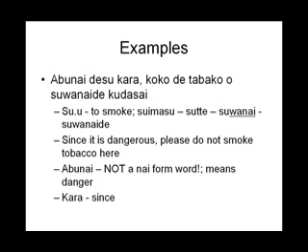Abunai is used here to refer to such a hazard. However, nowadays, in many countries, smoking in public is prohibited due to the perceived health hazard from passive smoking. Suwanaide kudasai is still a request and not a prohibition. There is a stronger word used for prohibition. You will see that later.